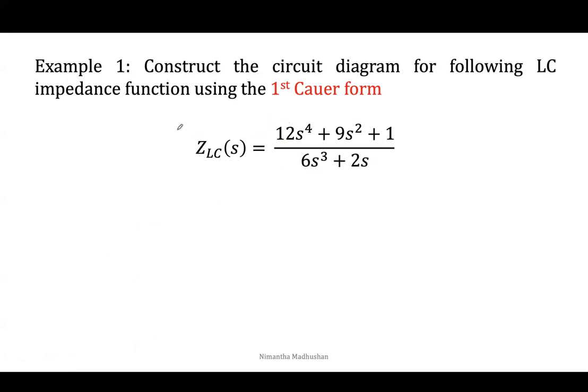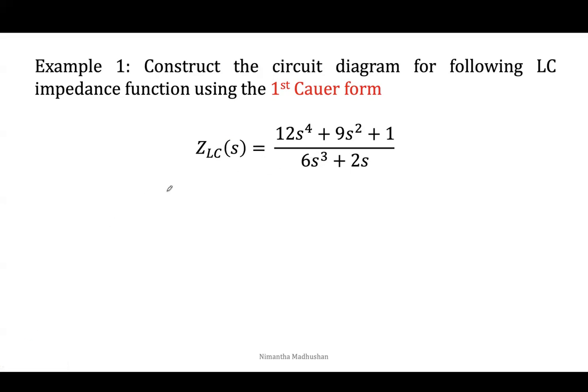Before applying the Foster form or Cauer form, we have to check whether this function is realizable or not. In the previous video, I explained the realizability of this impedance function. Then this function is realizable.